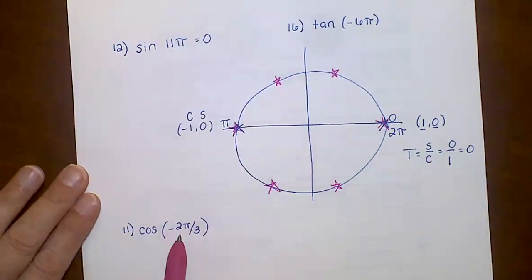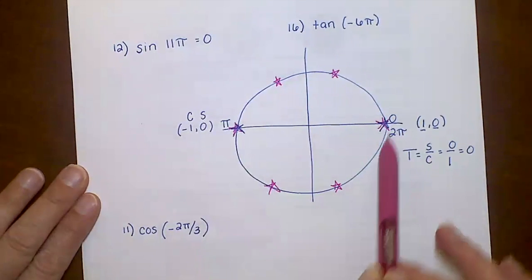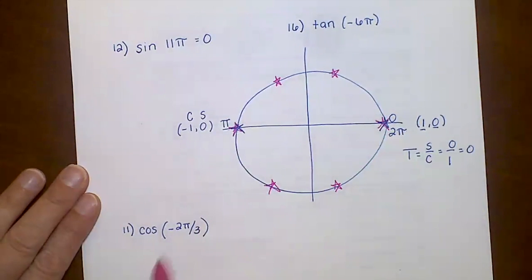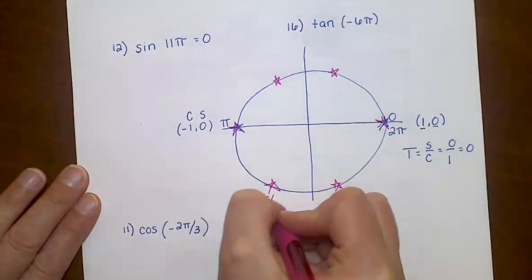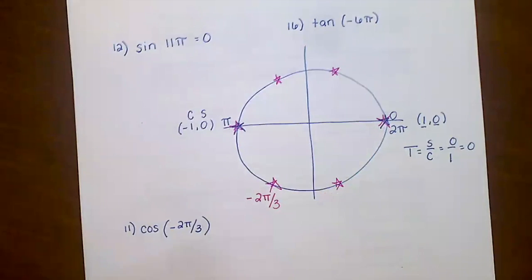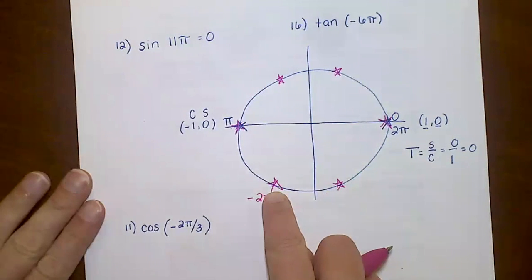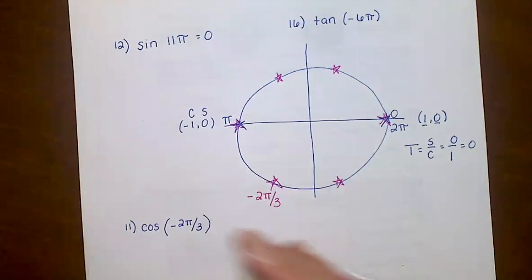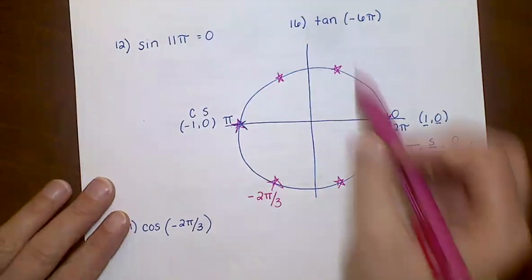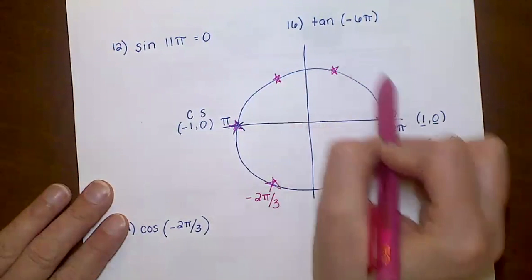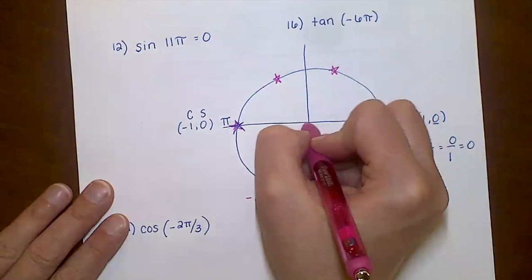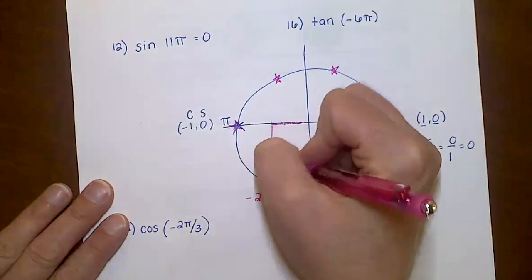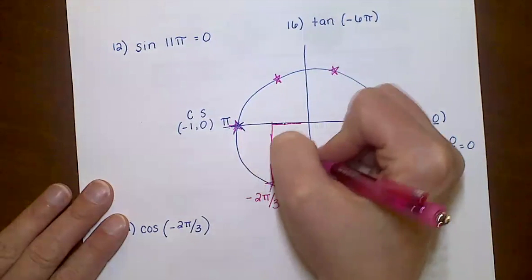So if I want negative 2 pi over 3, negative means I'm going backwards, and I'm going to count 2 of those. So here's negative 1 pi over 3. Here's negative 2 pi over 3. And then I need to figure out the coordinates right there. Now, depending on how you have them memorized, you may need to fill in these coordinates up here and then transfer them around. I always picture that triangle in there.